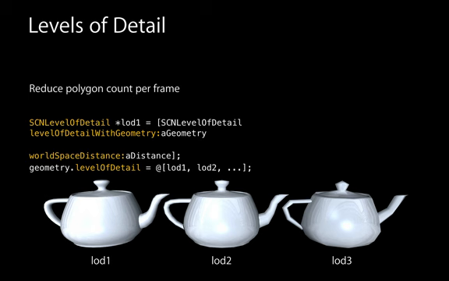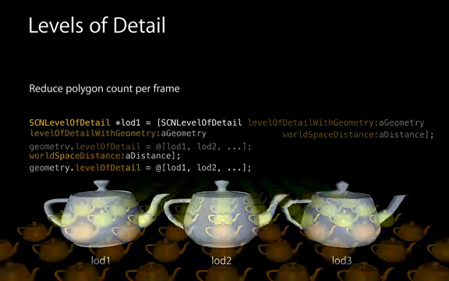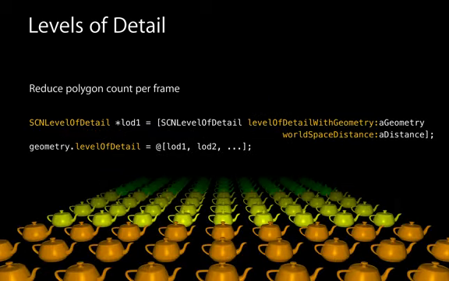So you can associate to each resolution either a distance from the camera or a screen radius to tell SceneKit what level of detail it should use. And this can help a lot to reduce the number of polygons in your game, because with this example here, the teapots in the background are rendered with a low resolution, and so most of the teapots are using a small number of polygons instead of having the huge resolution all the time.